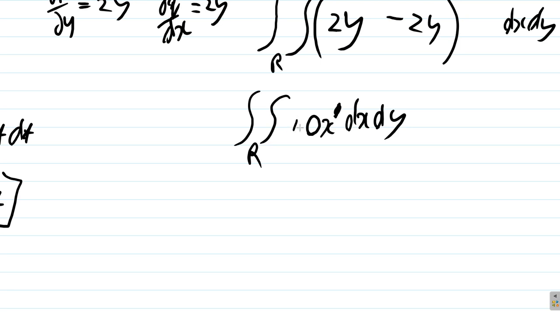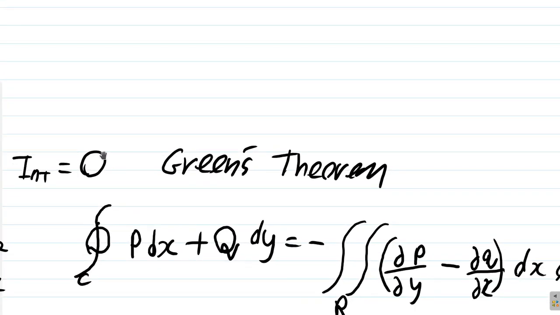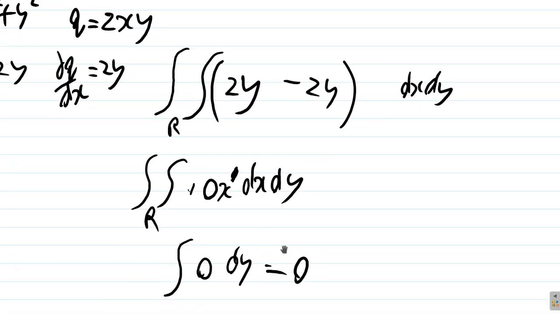And you say 1 times 0 times x to the 1 is 0 just the same. So you can't escape from it. So it is 0. And then when you do the inner integral and you get 0, the outer integral will be the integral of 0 dy, which is again 0. So you see how quickly you finish with Green's theorem in this case. So the first integral was 0, but this is 0. Alright?